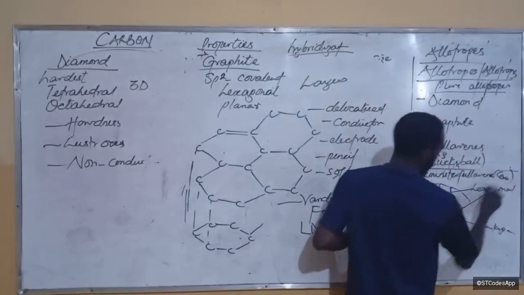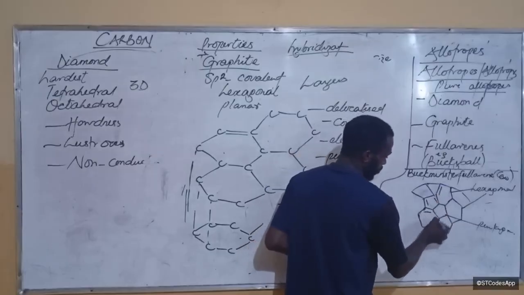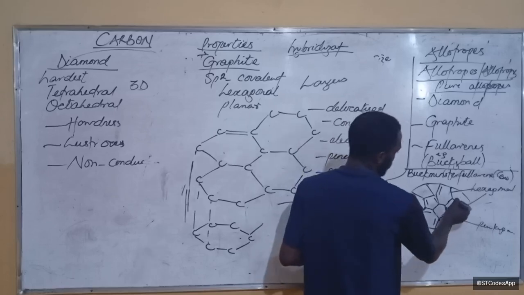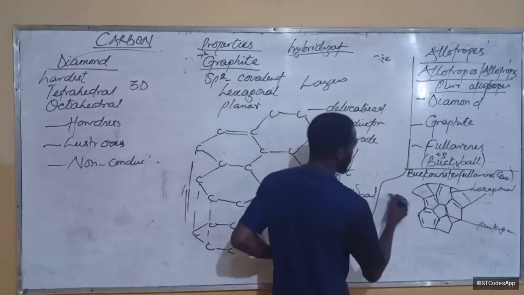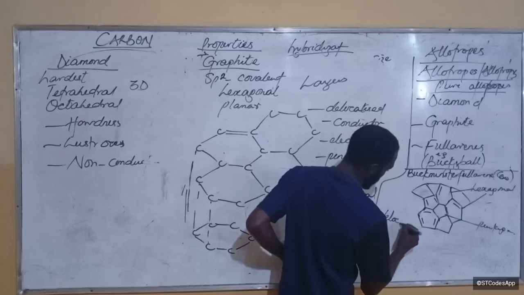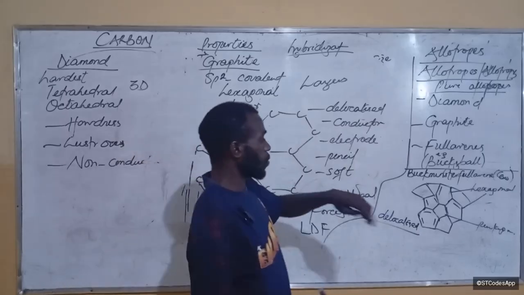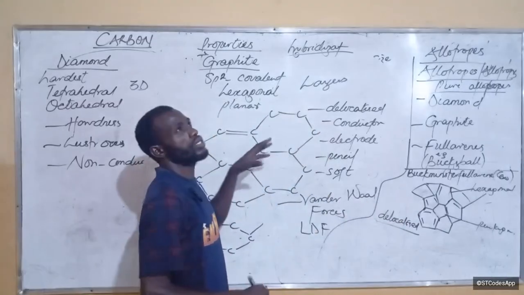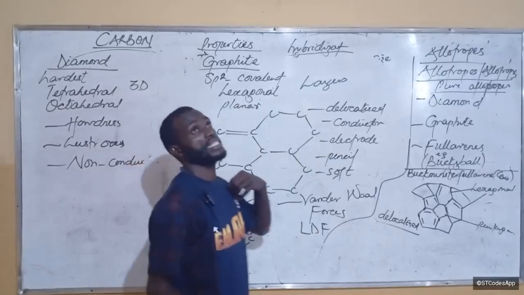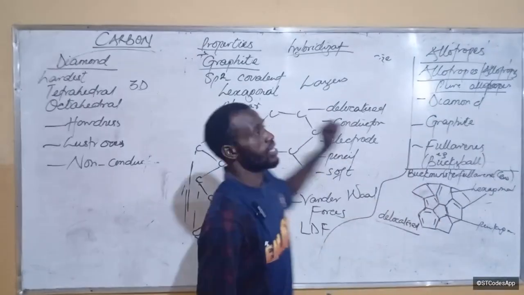Now, it has double bonds in certain places. So what does that mean? It also means that this guy is going to have delocalized electrons. It's also not as strong as the diamond.